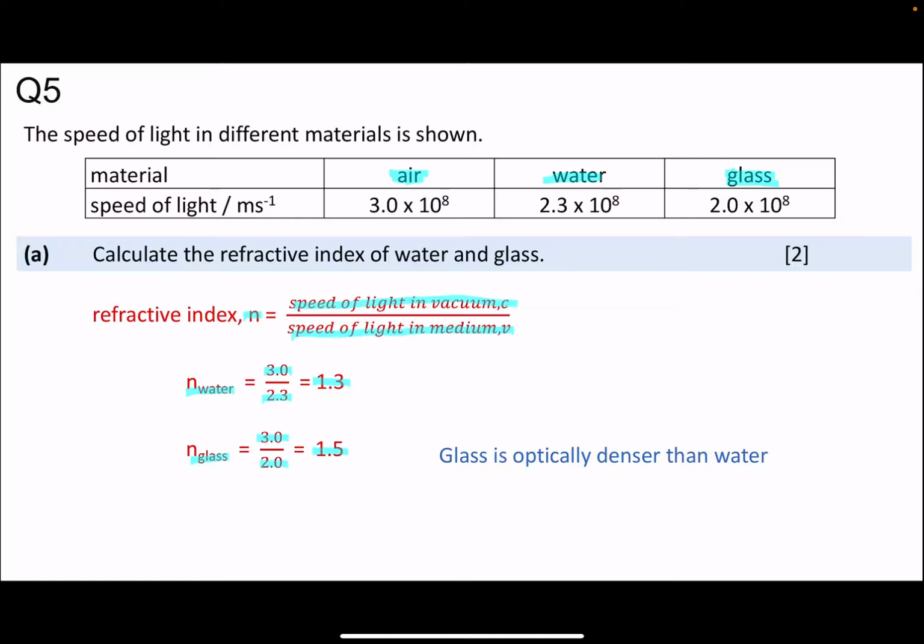Now the answers here are given to 2SF because the speed of light is given to 2SF over here. So the refractive index is also stated to 2SF. And here you can see that glass is optically denser than water.